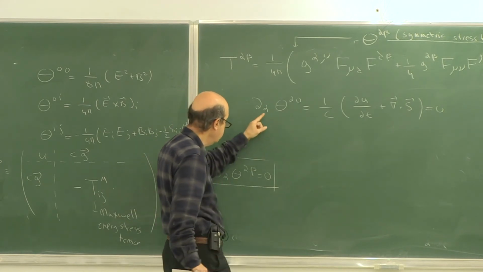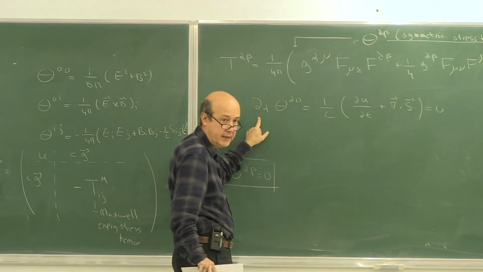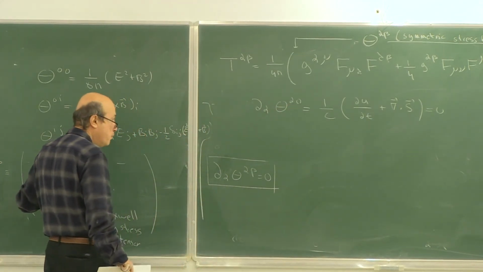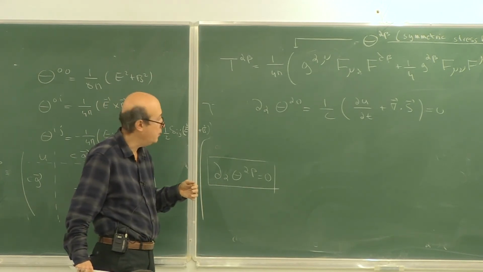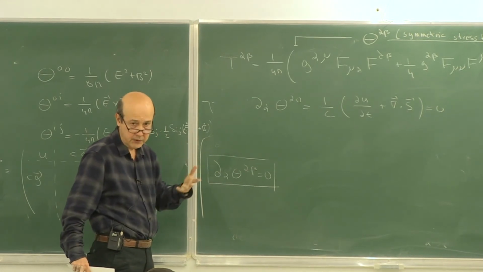And if you do it for 1, that is x. 1,0 is what? 1,0 is related with the momentum density of the x component. Momentum density is related with the Poynting vector.